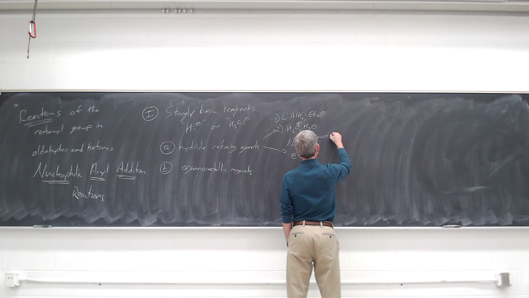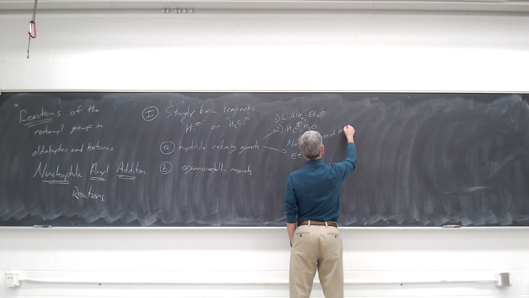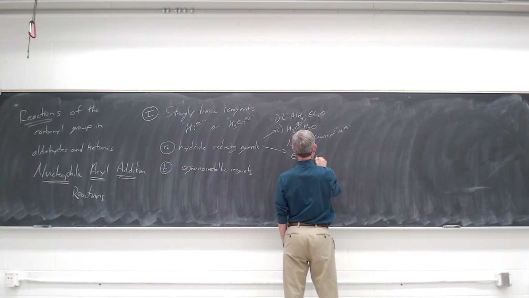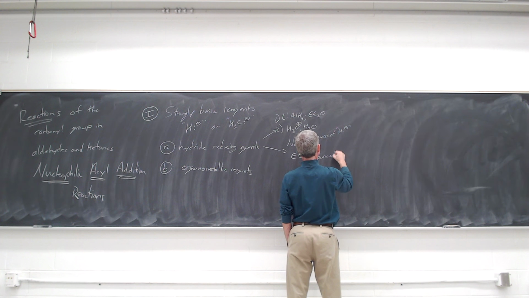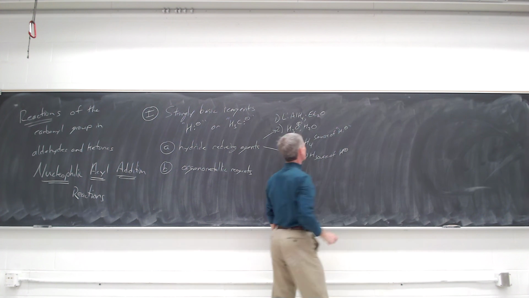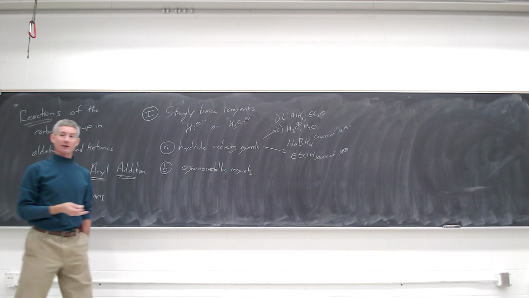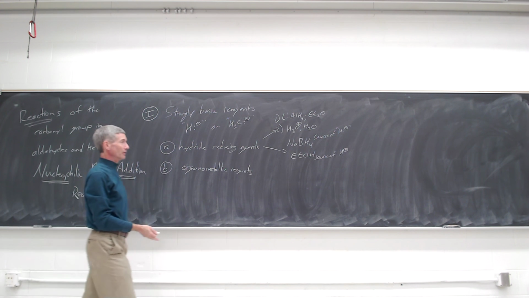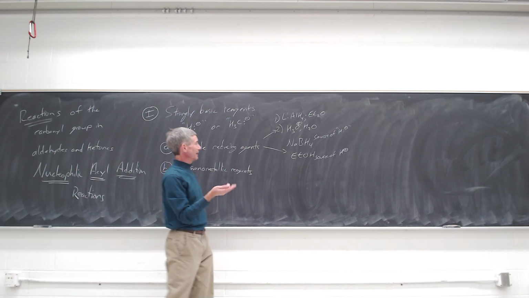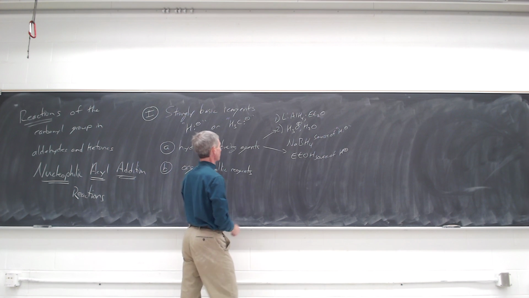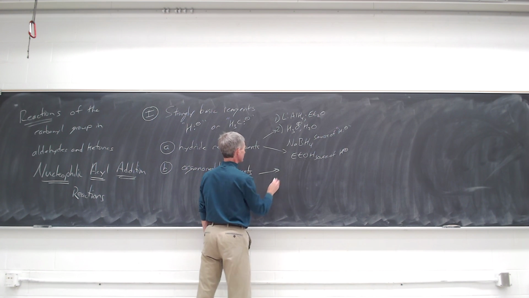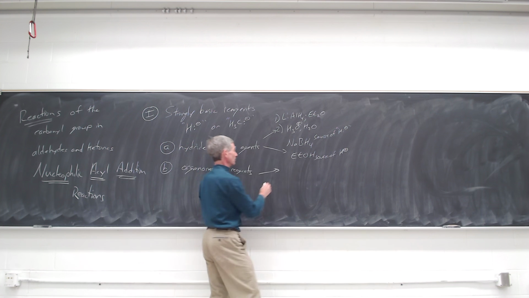So we have our source of H minus, and then we have our alcohol as our source of H plus. And effectively what we're doing is adding H minus to the carbon of the carbonyl group and H plus to the oxygen of the carbonyl.